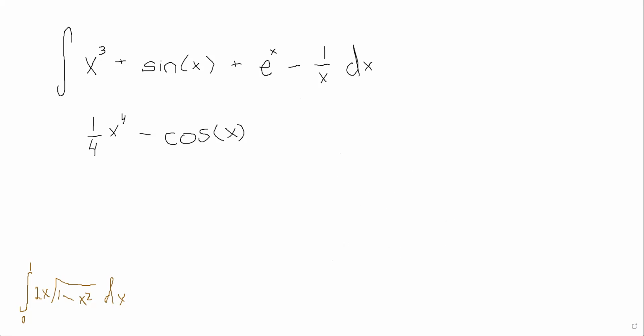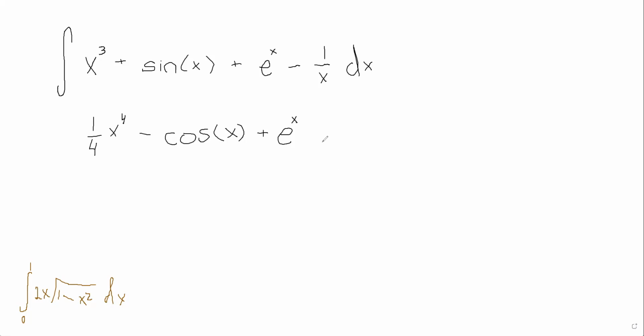All right, now let's take the antiderivative of e to the x. Do you remember what that is? Yes. e to the x is one of the only functions that is its own integral and its own derivative. So it's just going to be e to the x. Wonderful.